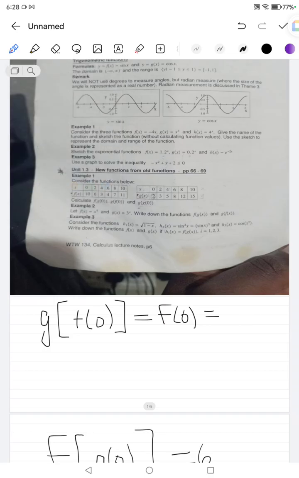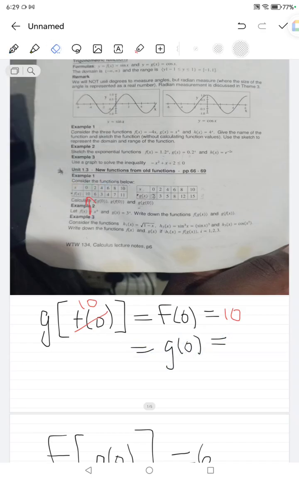When I have my f of 0, or when my x is 0, what corresponding value do I have? You get your 10 this side. So you will say your f of 0 is 10. So we can replace this one with 10 since we've got it. What we are interested in now is our g of 10.